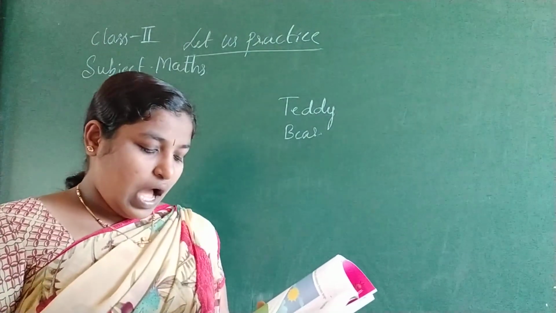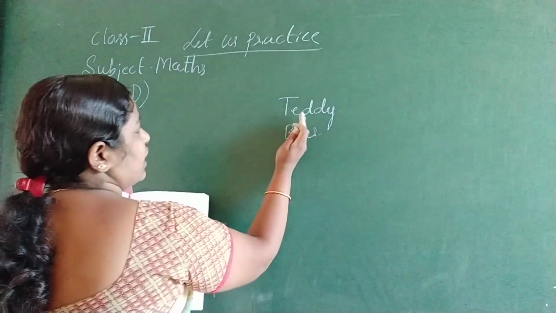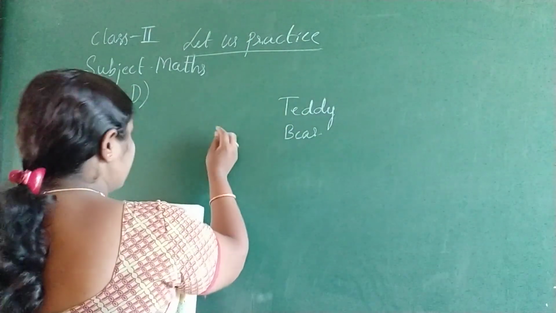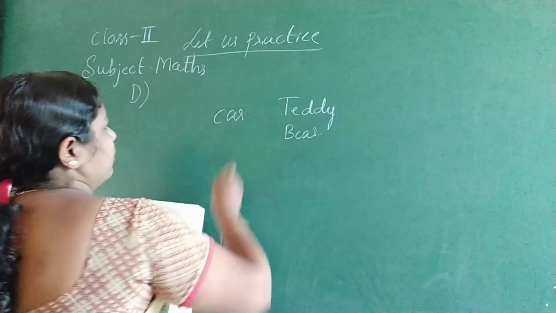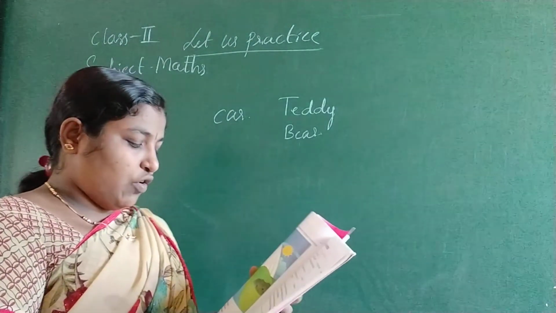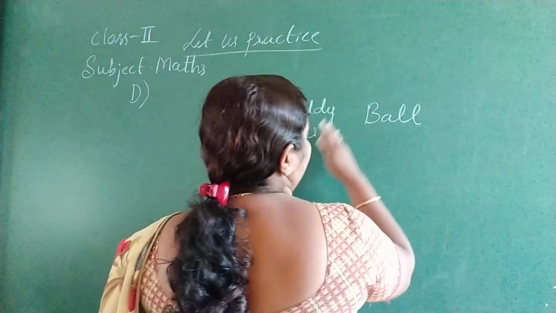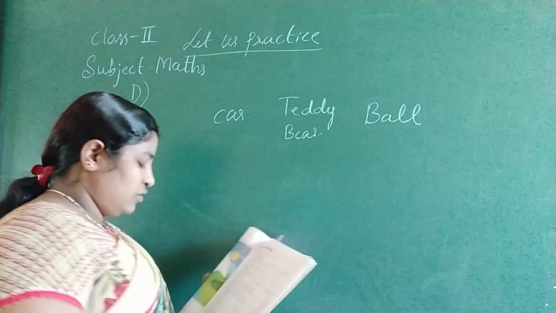The toy car is to the left of the teddy bear, so the teddy bear's left is the car. Then the ball is to the right of the teddy bear. So here the ball is right of the teddy bear.